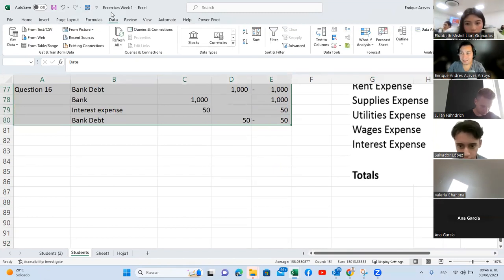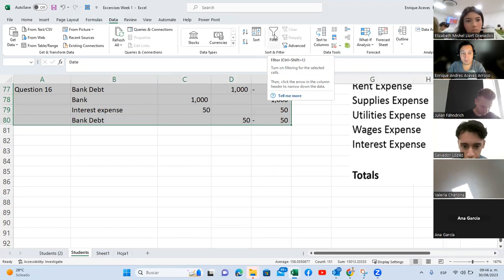You go to the data option in the header of the Excel and put the filter.